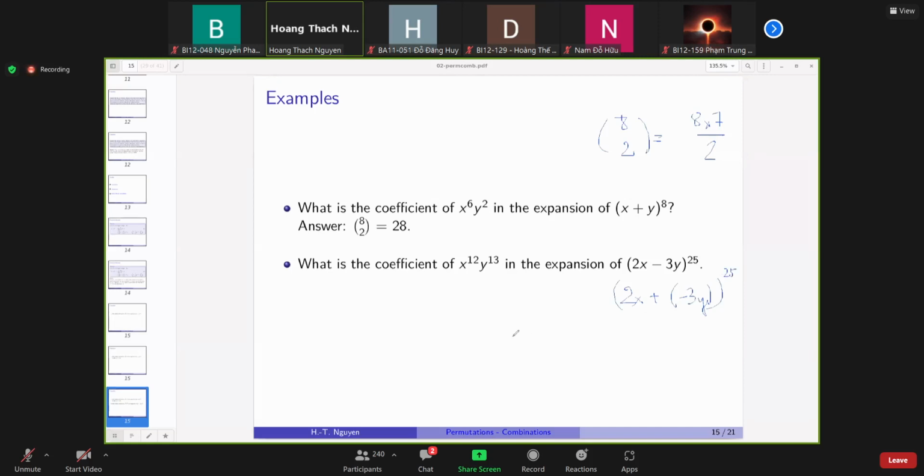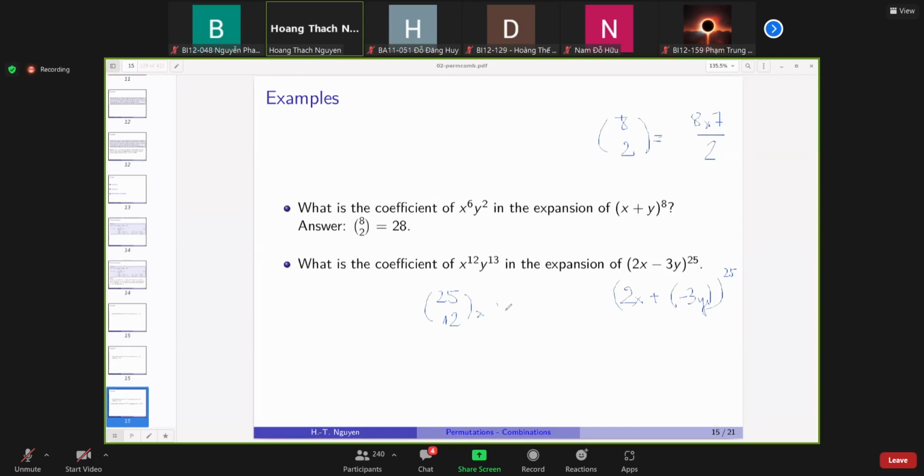I don't know the numerical value, so just write the formula. For x to the 12 and y to the 13, the coefficient will be 25 choose 12, but you have something in front of it.